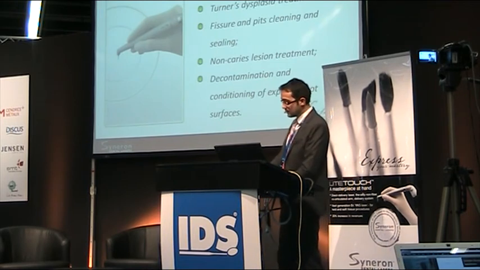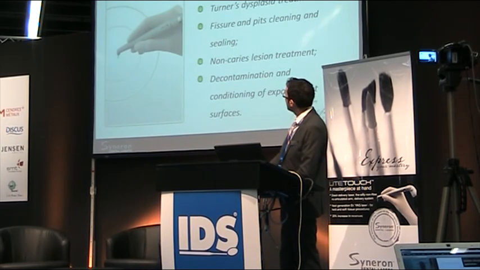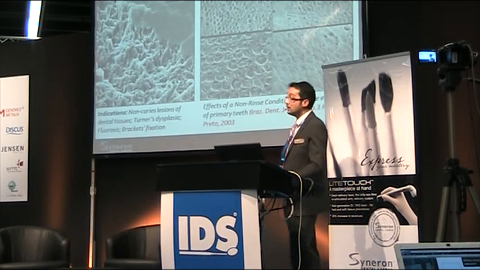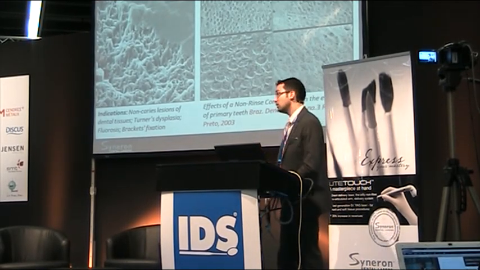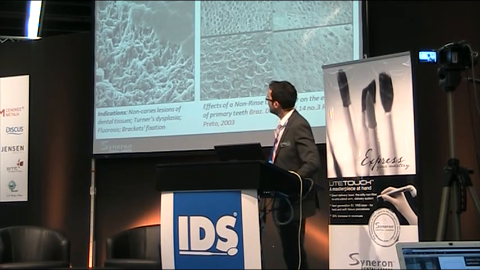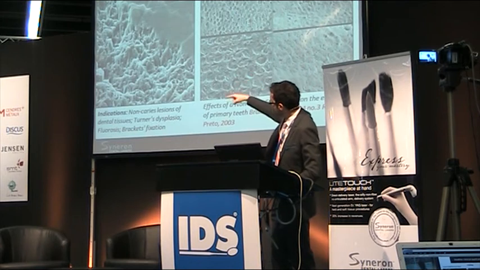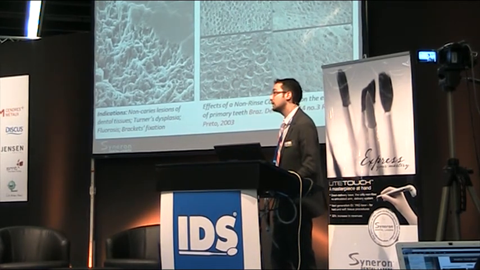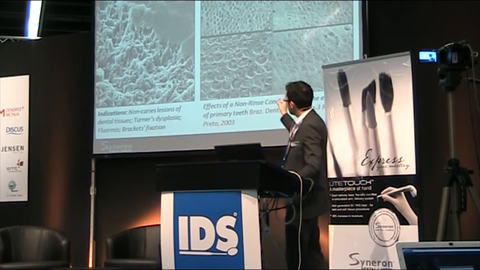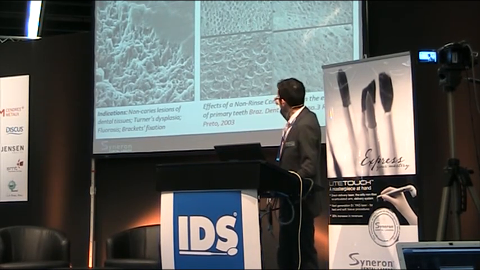So this is the other application of this laser for hard tissue. Here, discussing the enamel etching, you can see on the left picture the intact enamel and the enamel treated with laser. The surface is very retentive, and you can compare with these pictures.